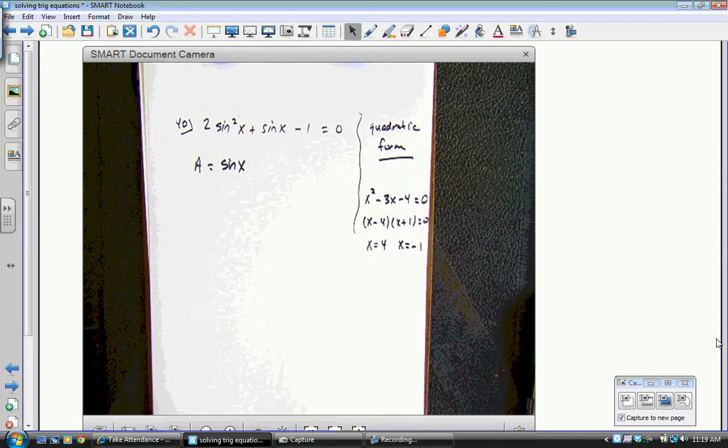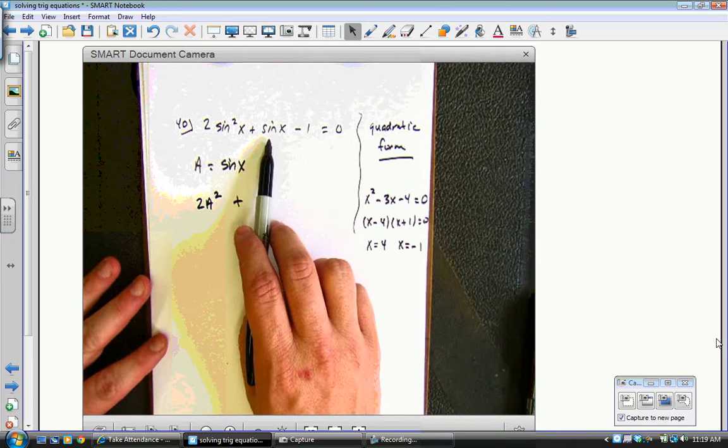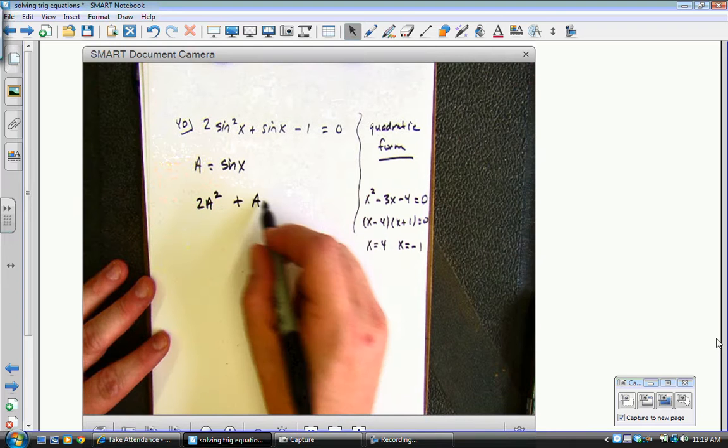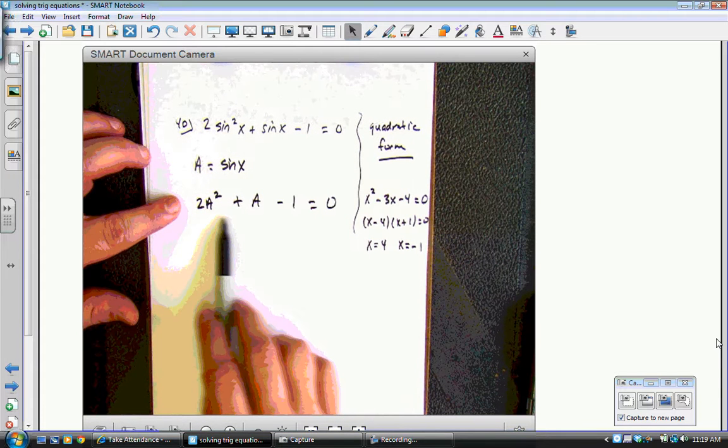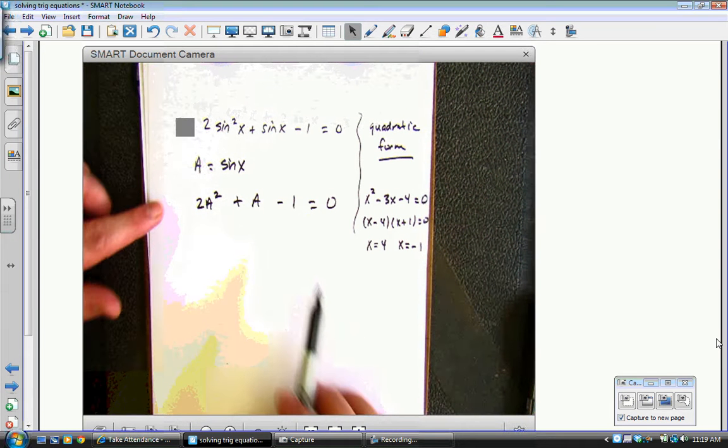Now, watch. If we make a equal sine x, how can we write this? That's 2a squared plus, and then this part would just be a. And now if we look at this, we can solve that a lot easier, can't we? It's a lot more doable. Now, it's not quite as easy as this equation because this one didn't have a leading coefficient.